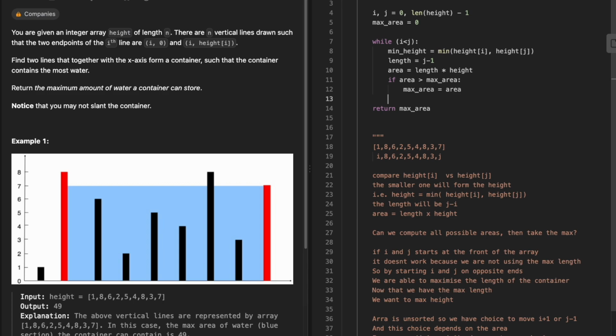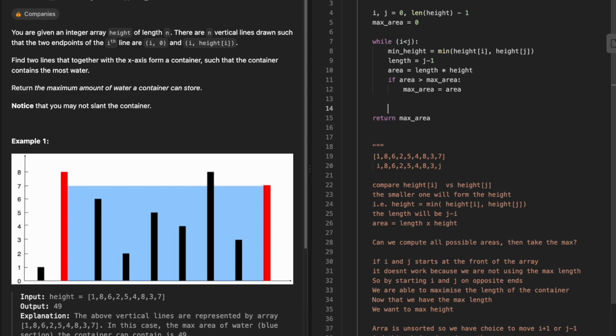And then when I'm here, what I want to do now is, depending on area equals max, I want to compare the area, right? How to determine whether or not to move j back or i forward?